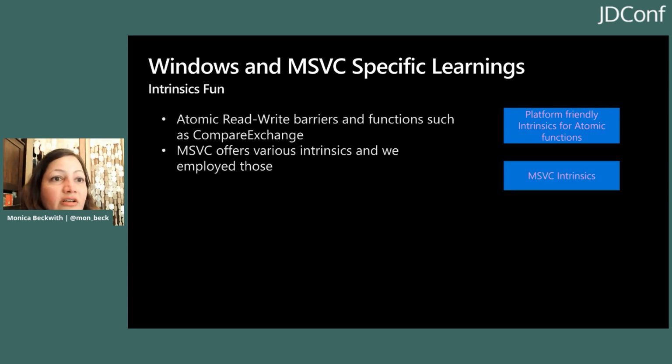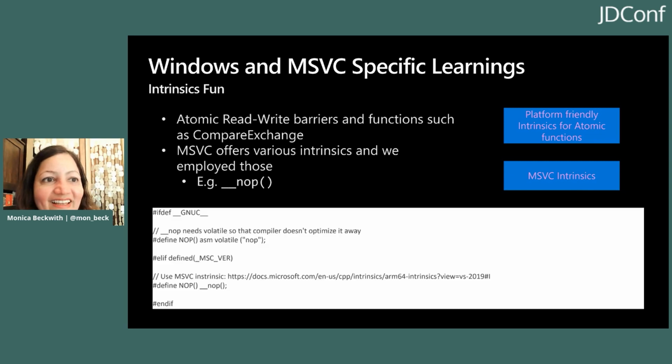There are also special intrinsics that MSVC offers, and I'll provide an example here: no-op, no operation. As you can see, if it's GNU, we use asm volatile and nop, but for Windows MSVC, we use the intrinsic right here.